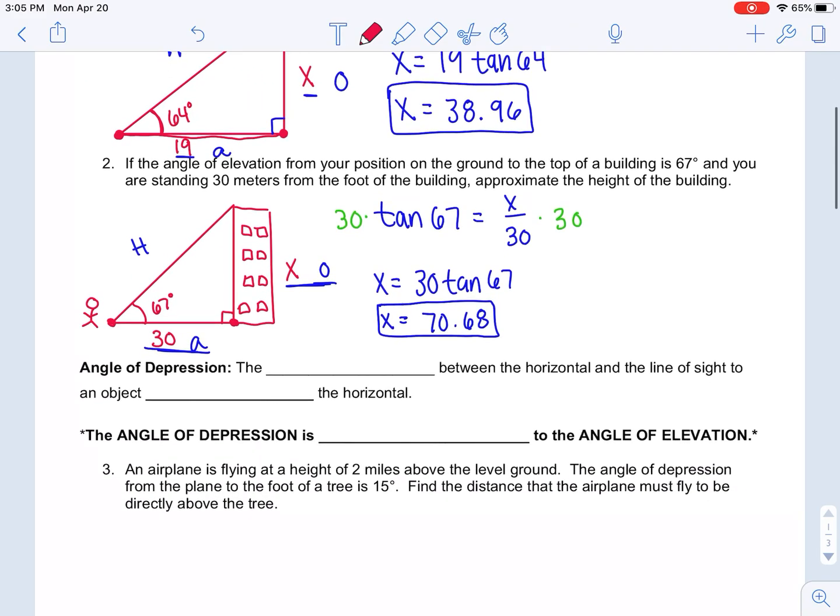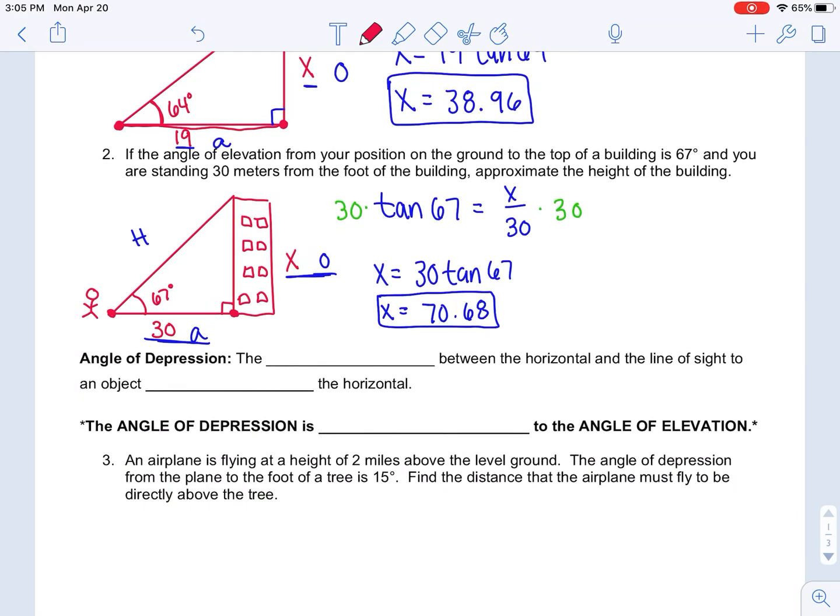Okay, so angle of depression is very similar. The angle of depression is the angle between the horizontal and the line of sight to an object but below or beneath the horizontal.